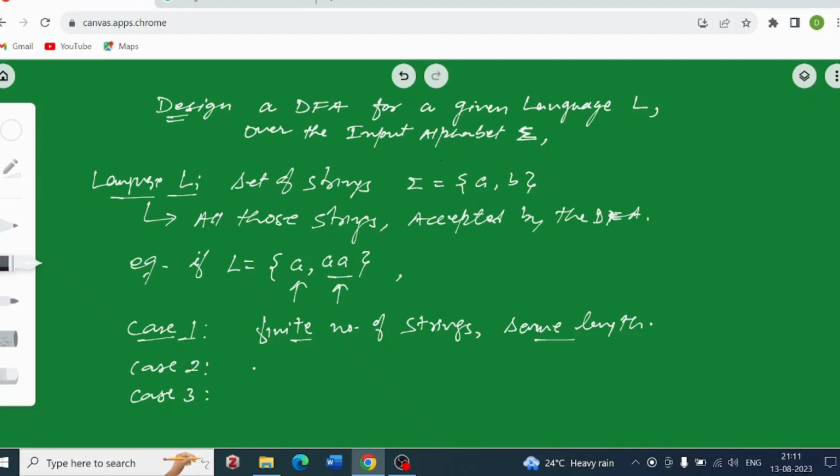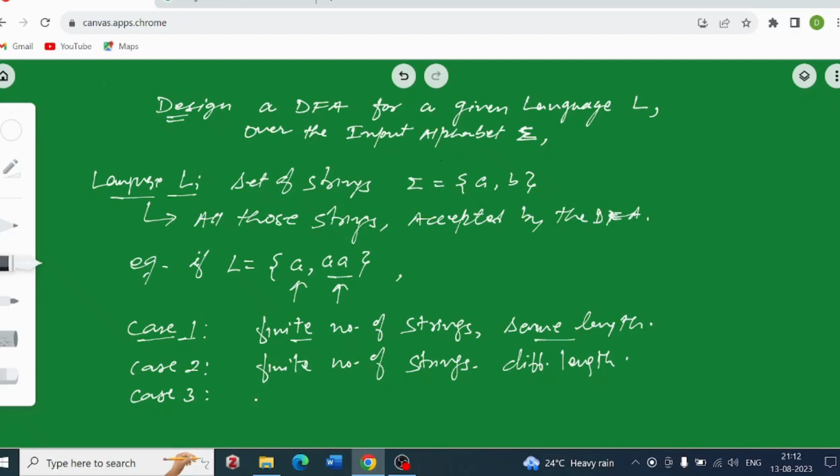Whereas in the second case, you will learn to design a DFA that contains a finite number of strings and the strings are of different length. For example, in the language, some strings are of length 2 and some strings are of length 3.